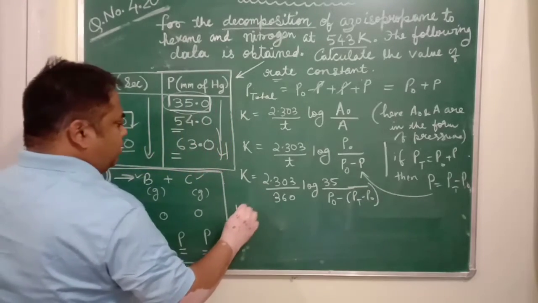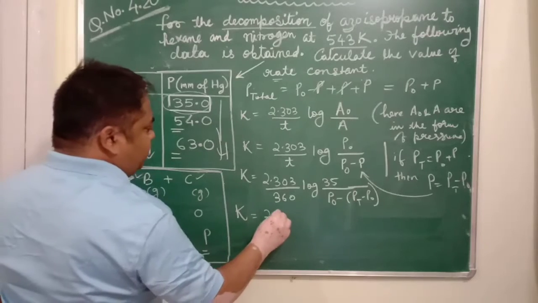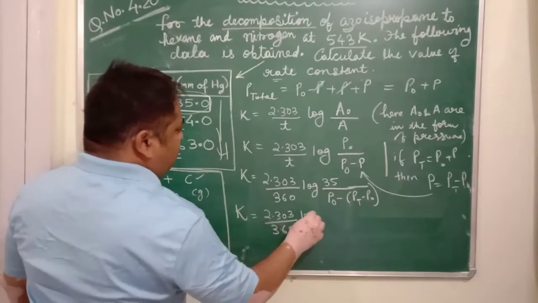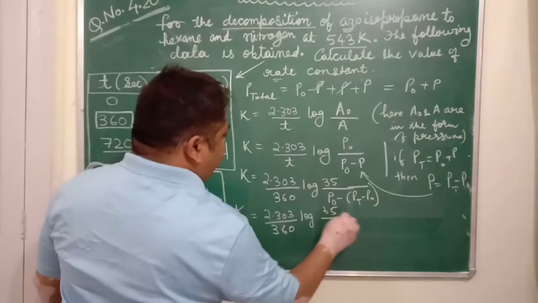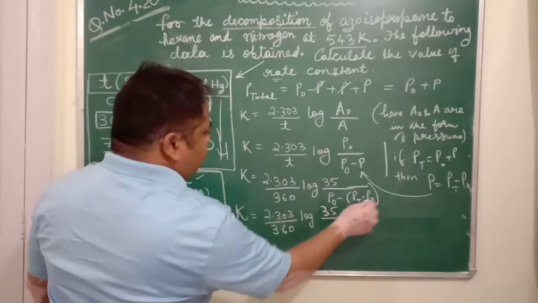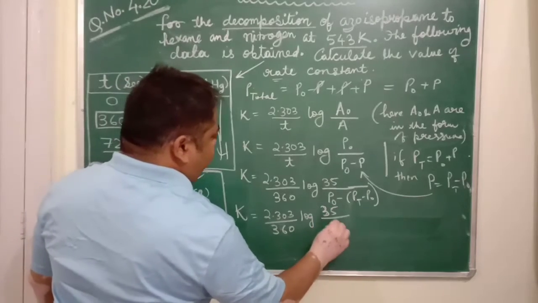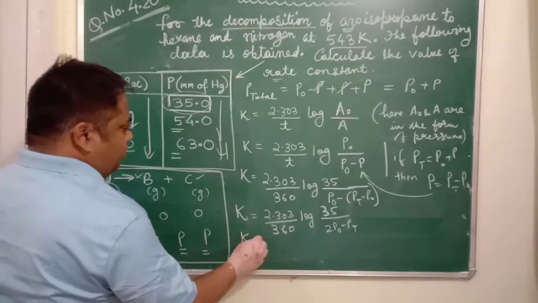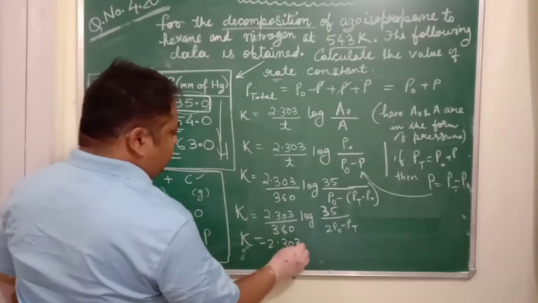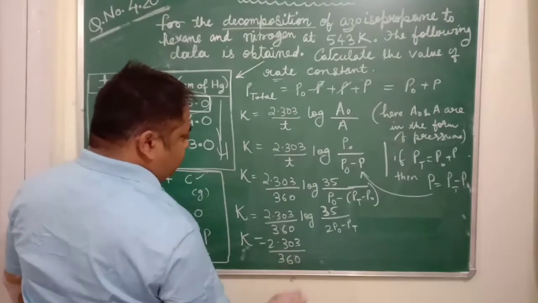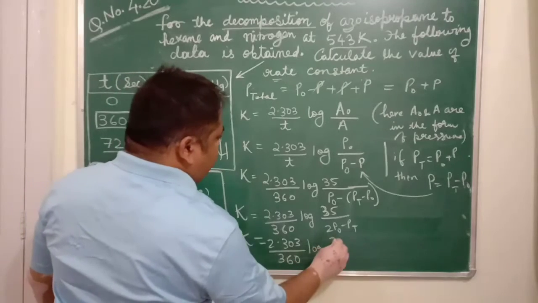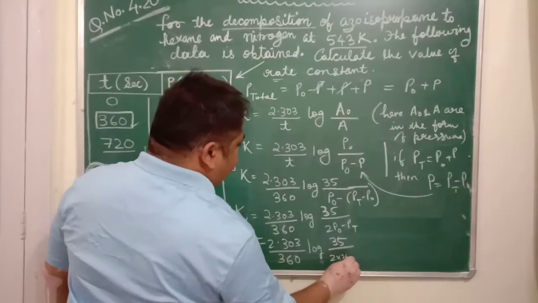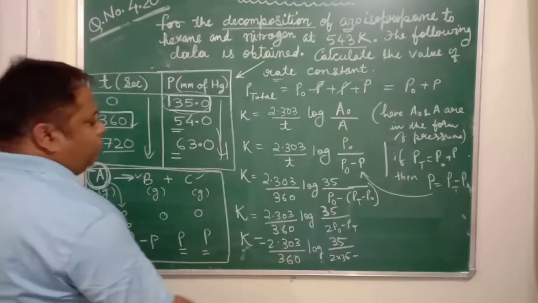Now we open it. K will be equal to 2.303 by 360 log 35 by 2P0 minus Pt. So K will be equal to 2.303 by 360 log 35 by 2 into 35 minus 54.